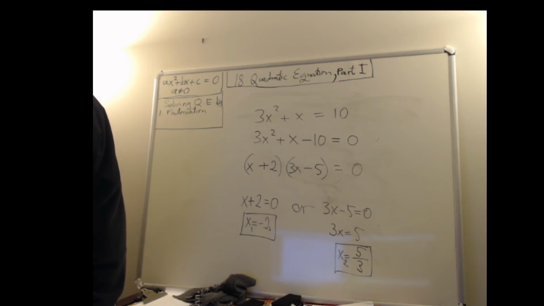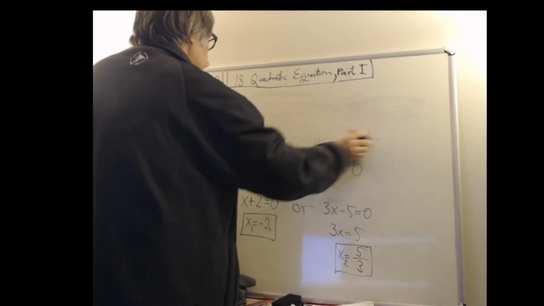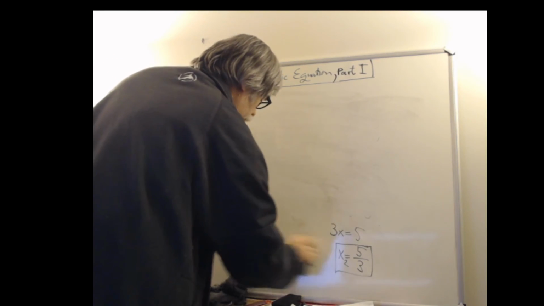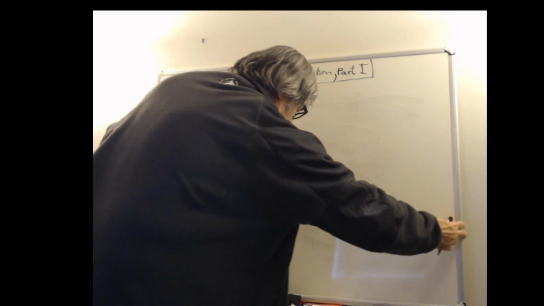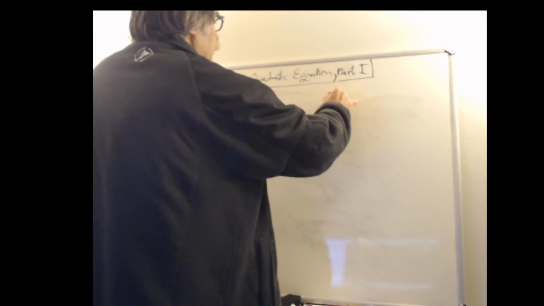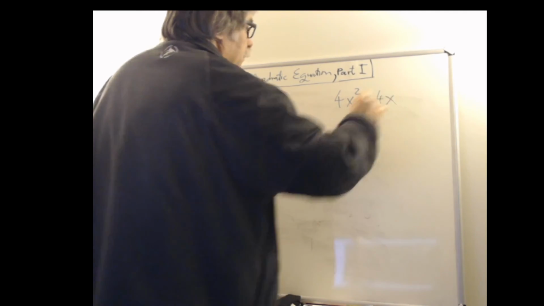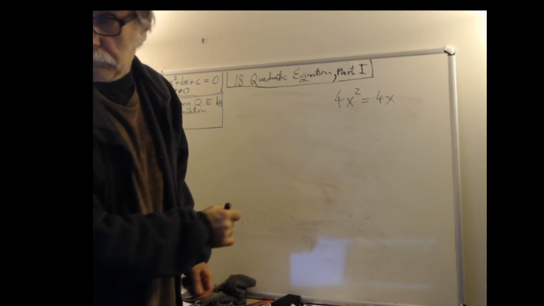And it looks very simple, but you can't do anything about it. It's kind of difficult in this example to work with. It's this one here: 4x squared equals 4x plus 11.